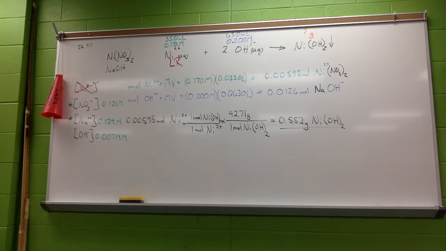Some of it ended up still present because it was the excess reactant. Okay. So from that original 0.0126 moles, we have to subtract how much of the hydroxide was required. So you have to do a little stoichiometry problem between the nickel and the hydroxide ion.